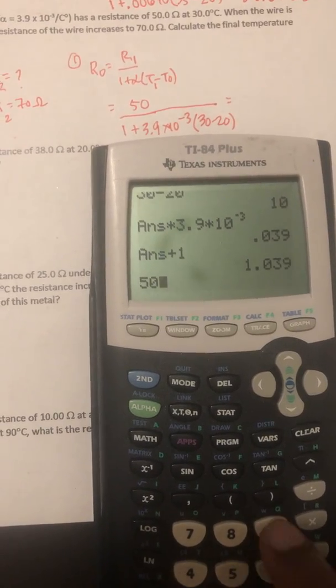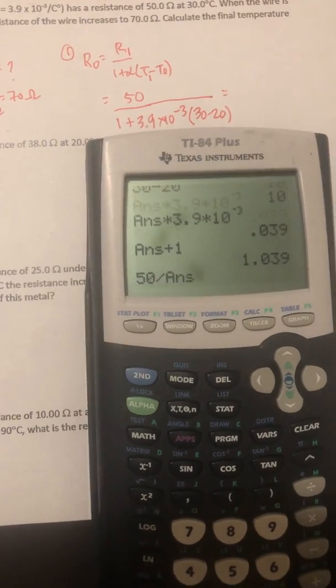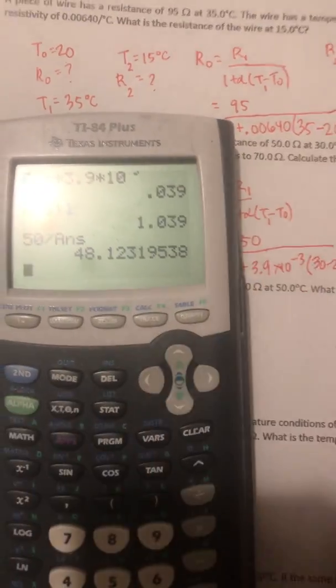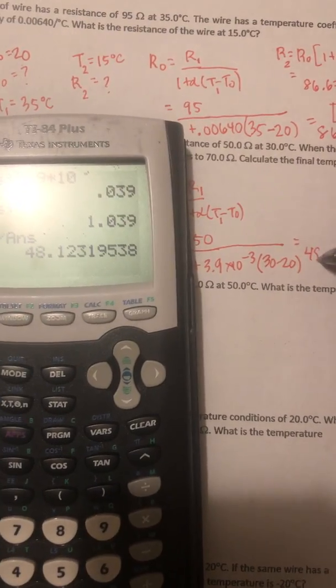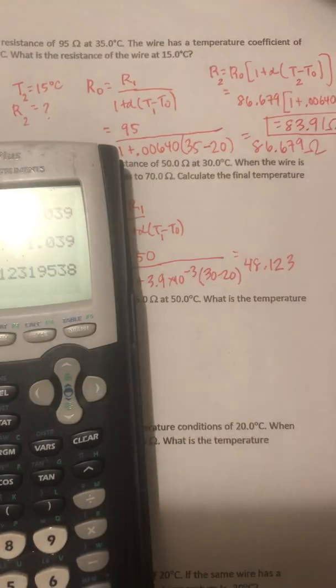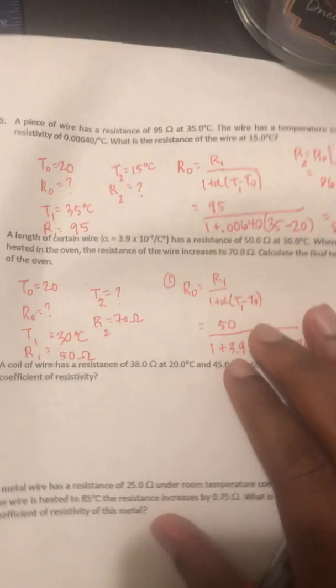And then 50 divided by that answer gives me an R naught of 48.123 ohms. Now I have to find the temperature.